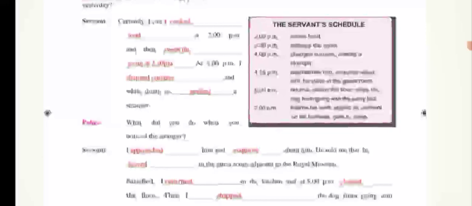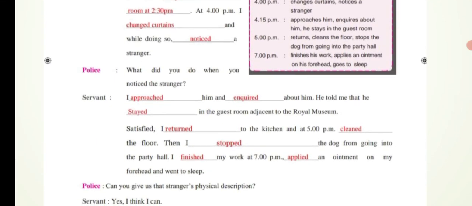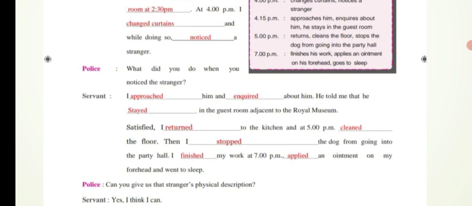Police: what did you do when you noticed the stranger? Servant: I approached him. Approached means he went to him. I approached him and inquired. Inquired means to ask, and inquired about him. He told me that he stayed in the guest room adjacent to the Royal Museum. Adjacent means next to.